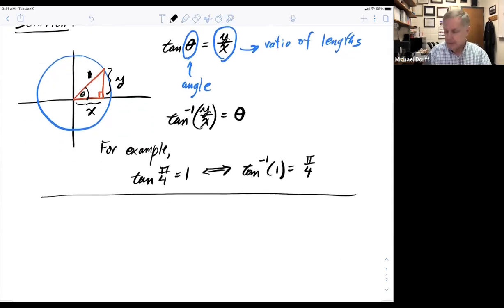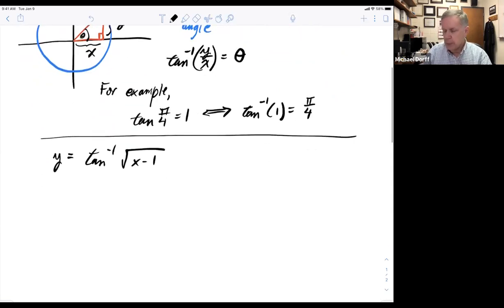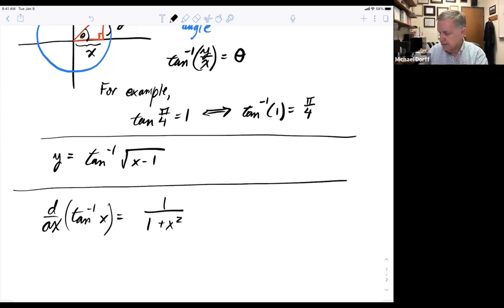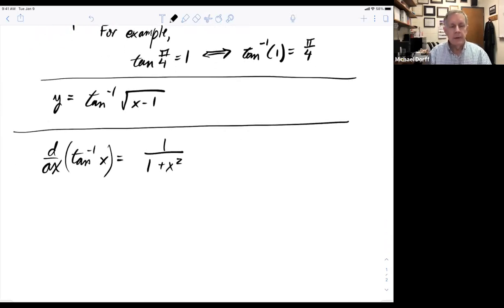Now, in finding the derivative, we had the function y equals the inverse tangent of the square root of x minus 1. So what is the derivative of the inverse tangent of x? It's given by the formula 1 over 1 plus x squared. But in most cases, we're not going to be dealing with a function as basic as x.